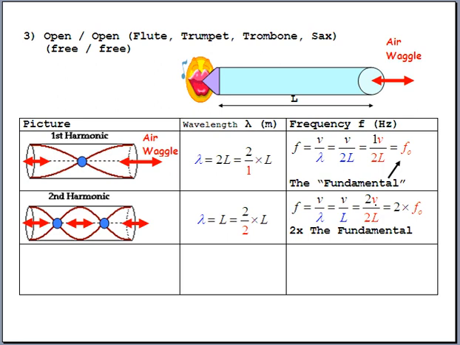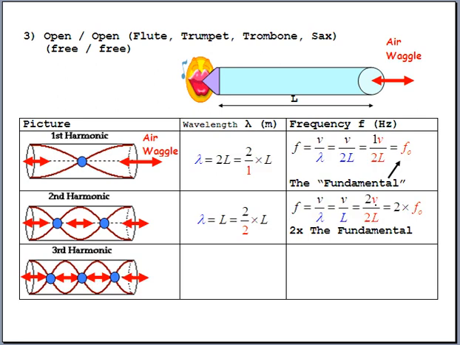If the trombone player or trumpet player changes their face just a little bit, or on a saxophone, there's a little key you can press to kick all the notes up, a whole set. If we change this story to the third harmonic, we're going to end up with a standing wave starting here and finishing there. We don't need the full length of the instrument.